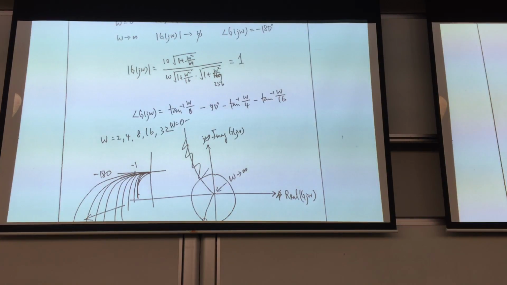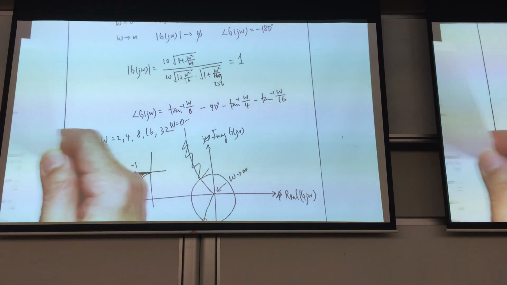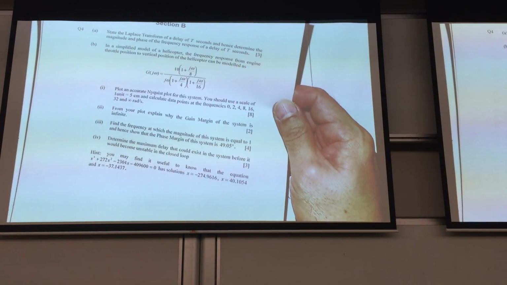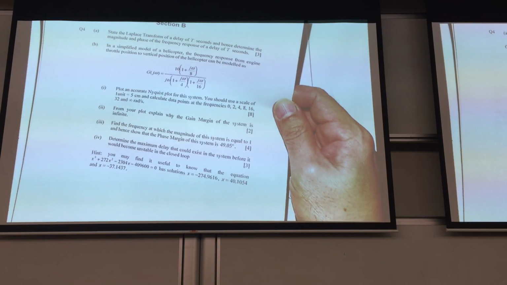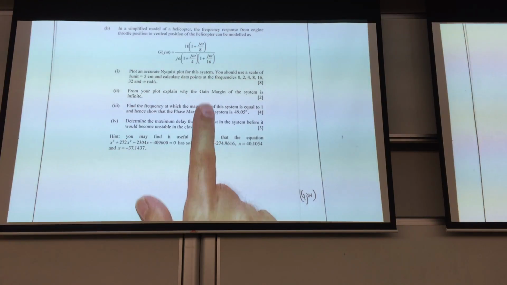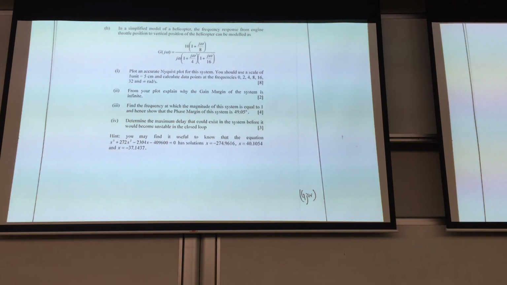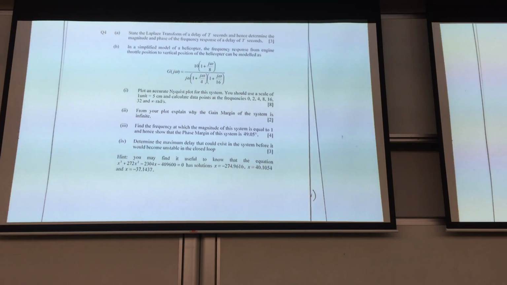And that is why I mentioned to you a lot of times, are they giving you the equation? Let me see, I'm not too sure. One of these: find the frequency at which the magnitude of the system is equal to 1, and hence show that the phase margin of the system is 49.05 degrees. Am I looking at the correct question?